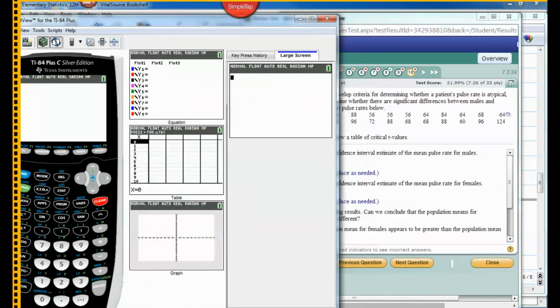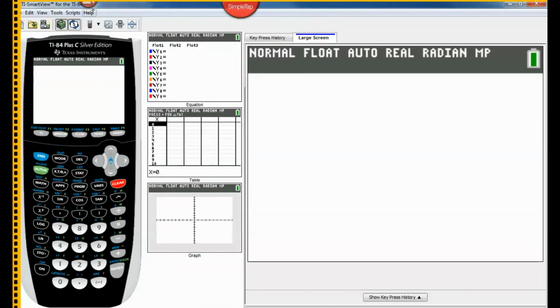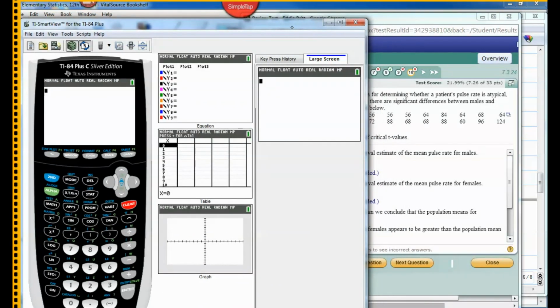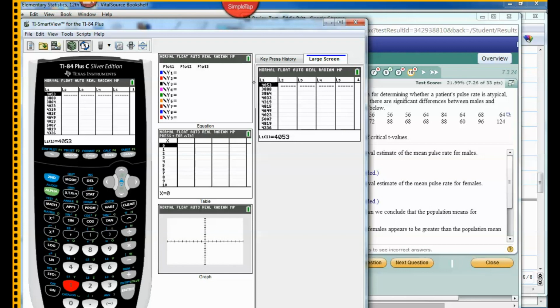Alright, so I'll space these as best I can. Okay, so I need to go to Stat, Edit, and I'm going to edit this first list where I just worked the problem. You can just go up to L1 and hit Clear, and it shows L1 equals nothing, so if you hit Enter, now L1 is gone.